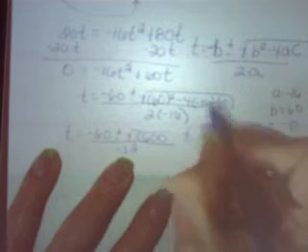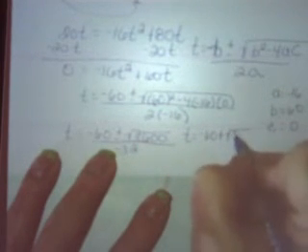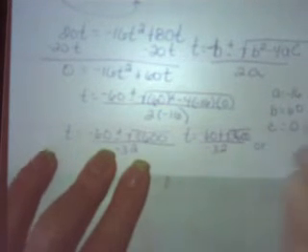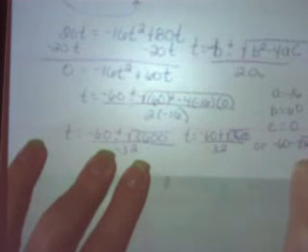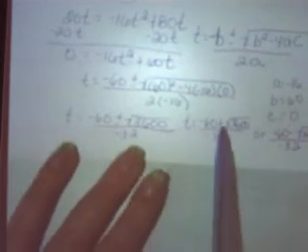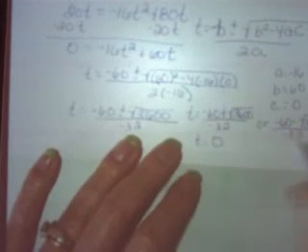So my two solutions are going to be t equals negative 60 plus the square root of 3600 divided by negative 32, or negative 60 minus the square root of 3600 divided by negative 32. So in my calculator, I'm going to say negative 60 plus the square root of 3600, enter, divided by negative 32, t equals 0.